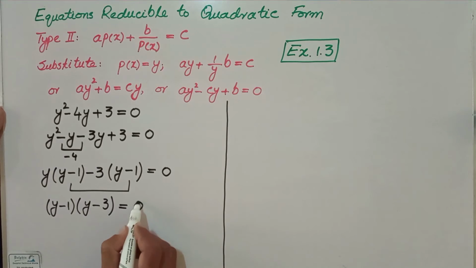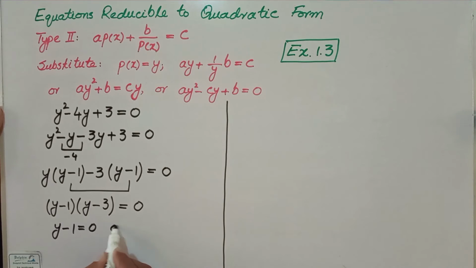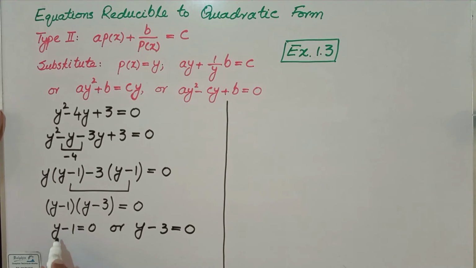Equals 0. Then again using the product rule, the product of two numbers is 0. It means that either one is 0 or the other, or both are 0. That is y minus 1 is equal to 0, or y minus 3 is equal to 0. From here we get y is equal to 1, or from here we have y is equal to 3.